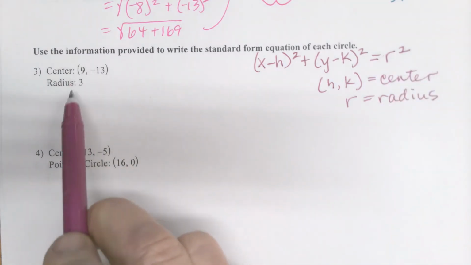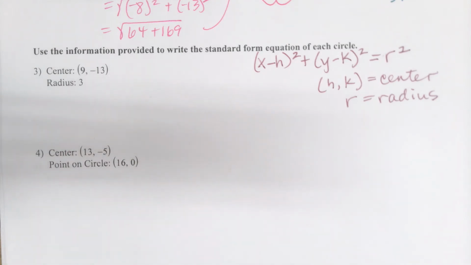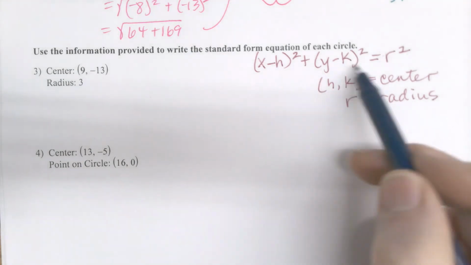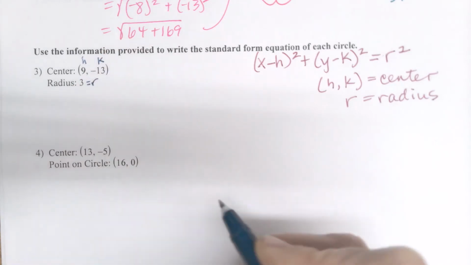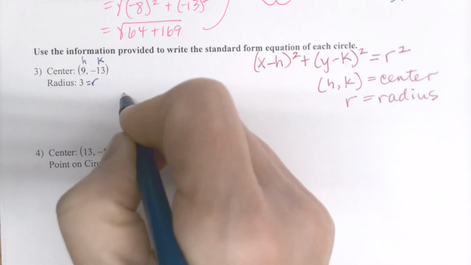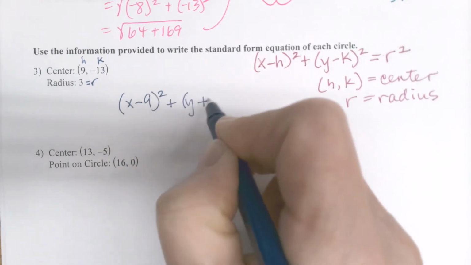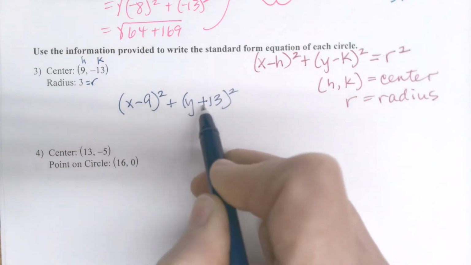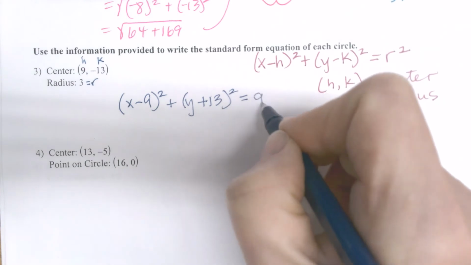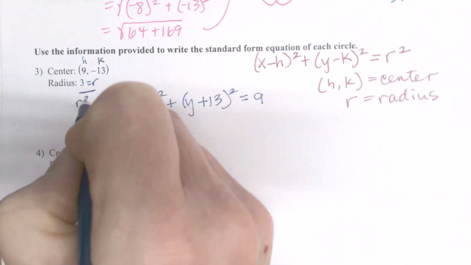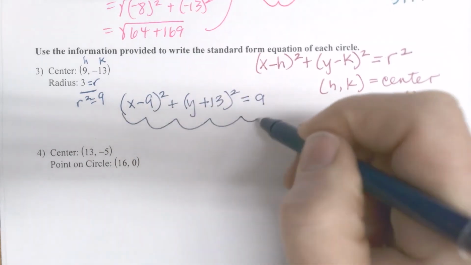Sometimes when they give me all of the pieces of information, the center and the radius, all I need to do is plug it into the formula. So this is my h and my k, and my r are given. I would write this as x minus 9 quantity squared plus y minus negative 13 quantity squared. Remember, minus a negative is plus a positive, equals r squared. Don't forget that this is r squared, so I have to take whatever I get there and square it. That's 9. So this would be my final form.